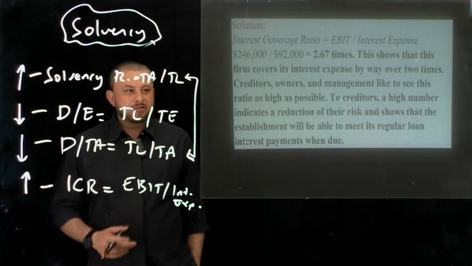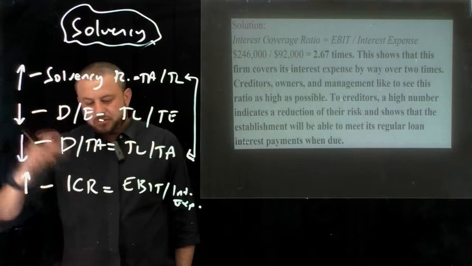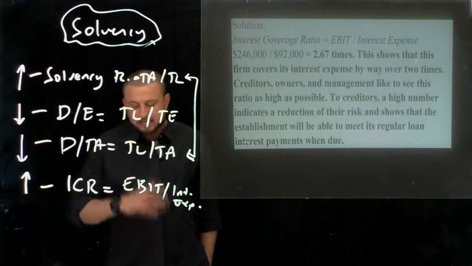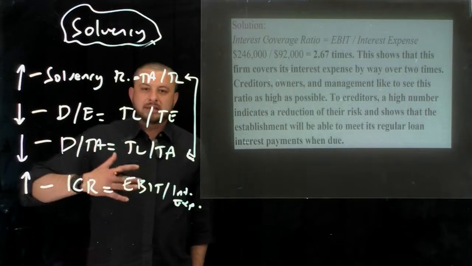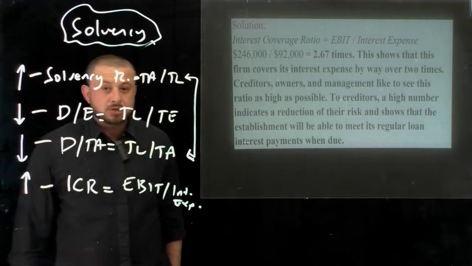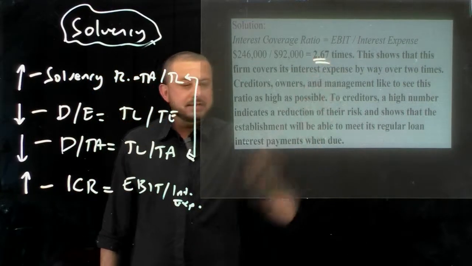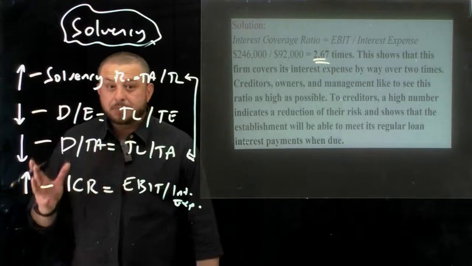Therefore, it is a good signal for the creditors because it is a very high number. Therefore, it reduces the risk of the company. In other words, this company can double the amount of loan that it can purchase because it is able to pay the interest payments up to 2.67 times what it is paying right now.